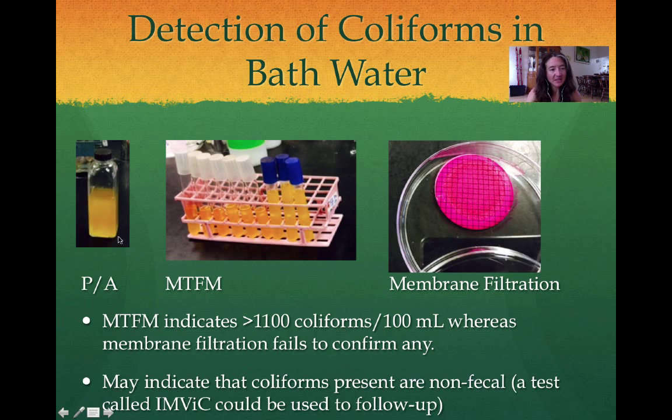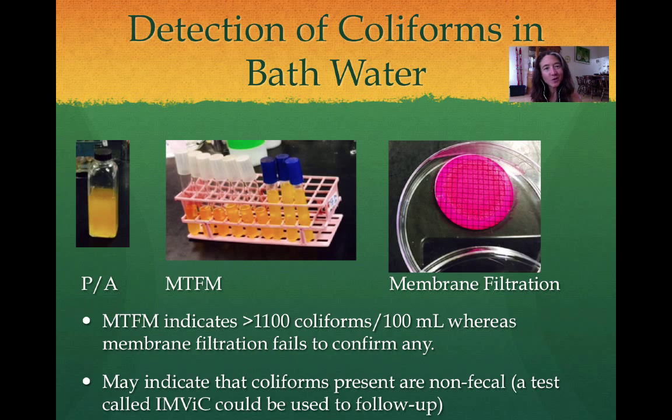My presence-absence test confirmed that there was at least 1 coliform present, and the multiple tube fermentation test said there may be as many as 1,100 or more coliforms present. That's a lot. But then the membrane filtration test failed to confirm any, because although there was growth on the filter, it didn't appear to be coliform growth. That is, it didn't appear to be largely lactose fermenting.